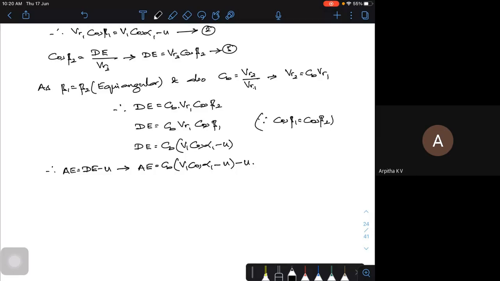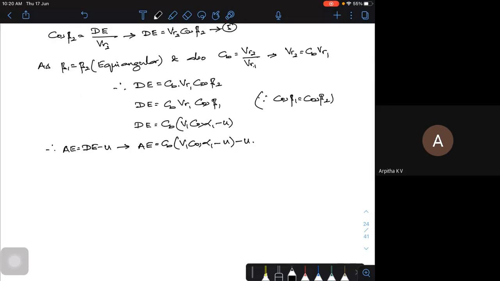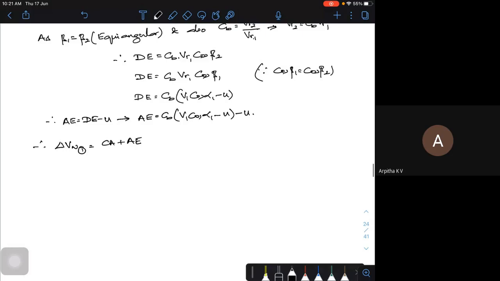Now I have got this particular thing. Therefore delta VW1 is equal to CA plus AE. Let me substitute for each.